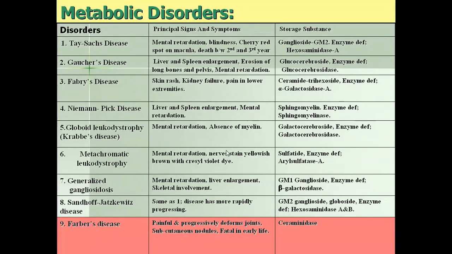Number 7, generalized gangliosidosis. The enzyme deficient is beta galactosidase and the substance accumulated is GM1 gangliosides. The disease is associated with mental retardation, an enlarged liver, and skeletal involvement.